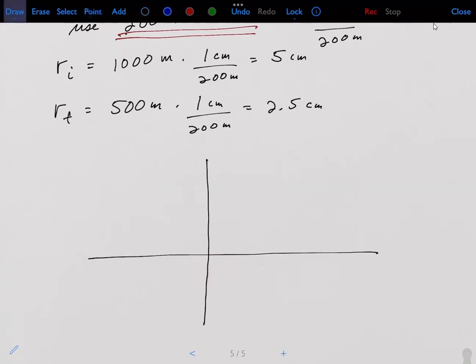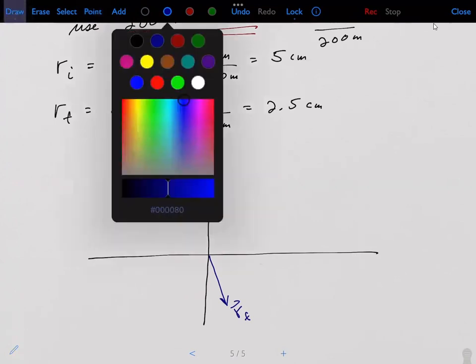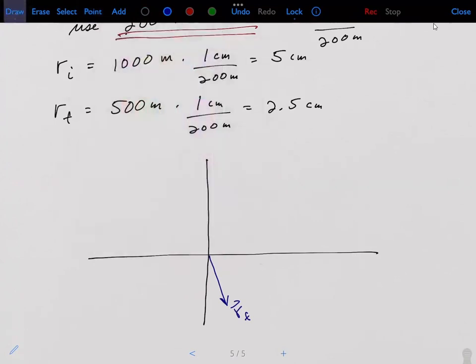So it looks like that first vector is going to be something like this. And then our initial is at 225. So this is like 180 plus another, what, 45? So I guess it's going to be right in that third quadrant. So that'll look something like this.